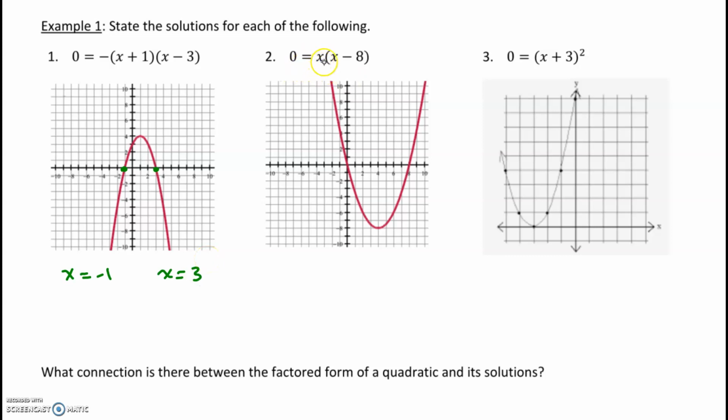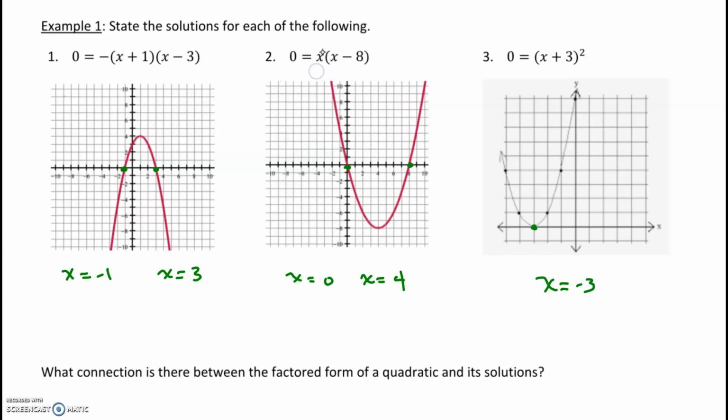We have 0 equals x times x minus 8. And so we have a solution at x equals 0, and we have a solution at x equals 4. In our last example, x plus 3 squared, we can see that there's only going to be one solution where x equals negative 3.